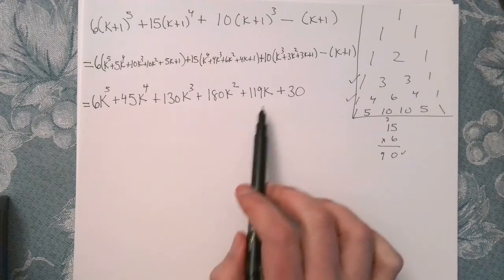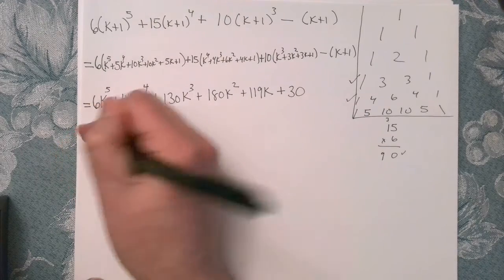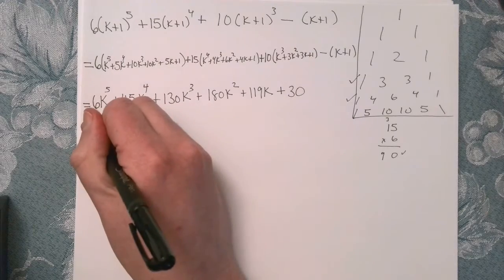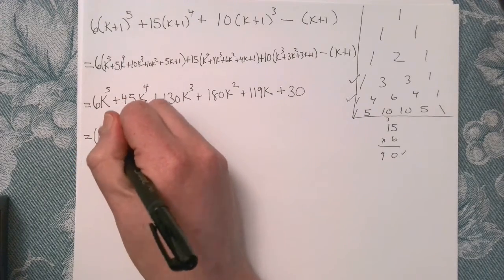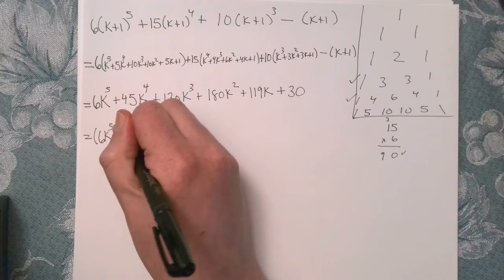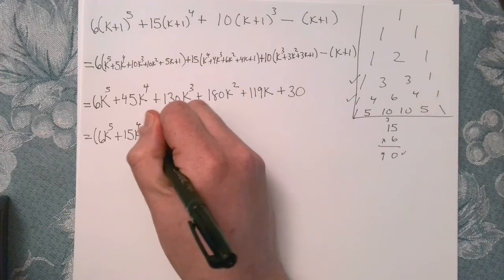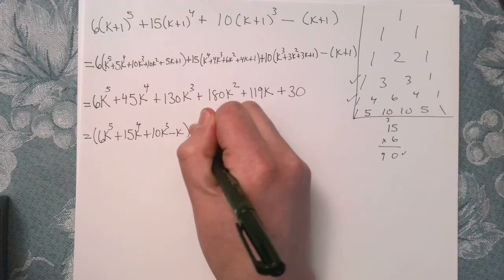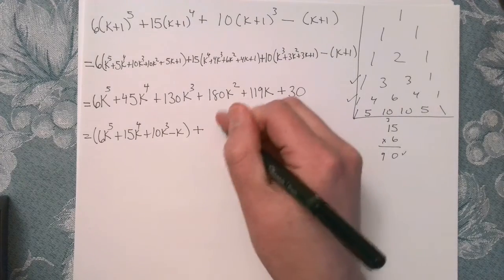Okay, so now we want to break this up in sort of a smart way where the inductive hypothesis pops out. And so let's do that. So we're going to split this up. I could really think about this as 6k to the fifth plus 15k to the fourth plus 10k cubed minus k plus, and just think about what's left over. So I get this.